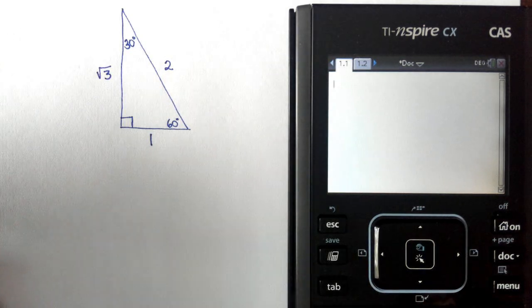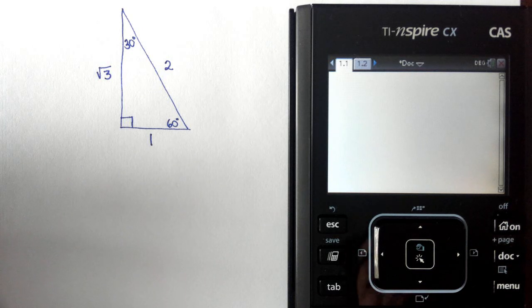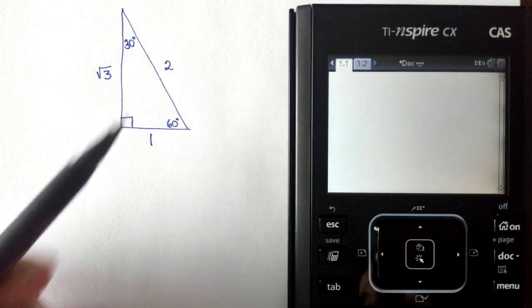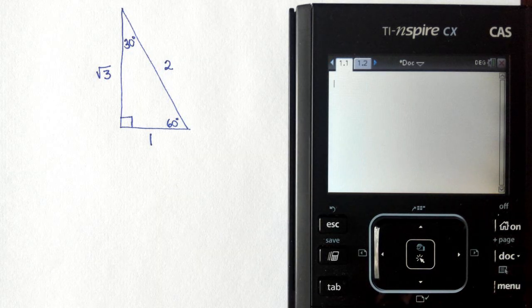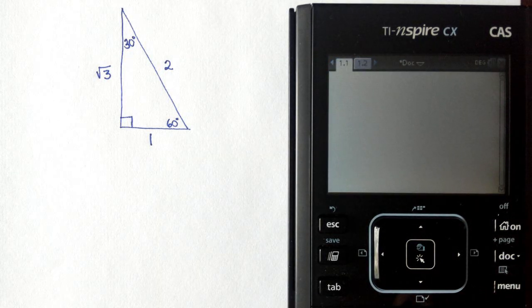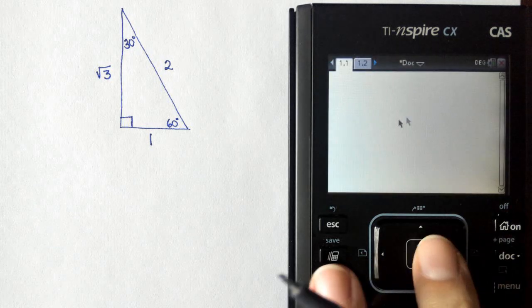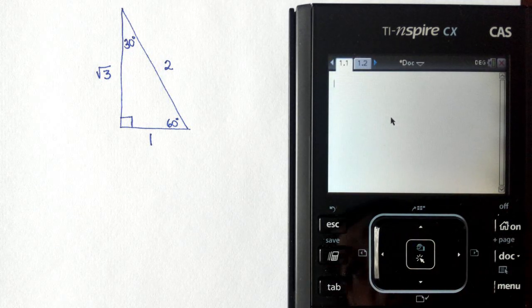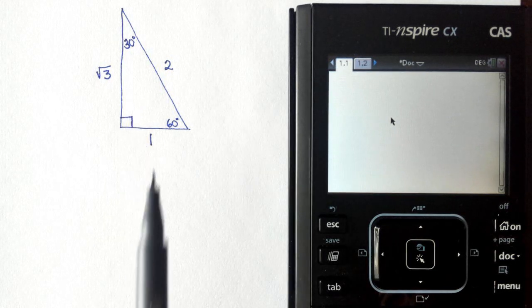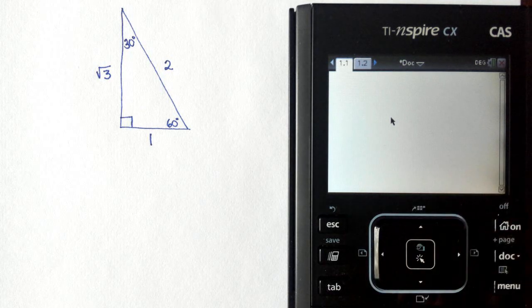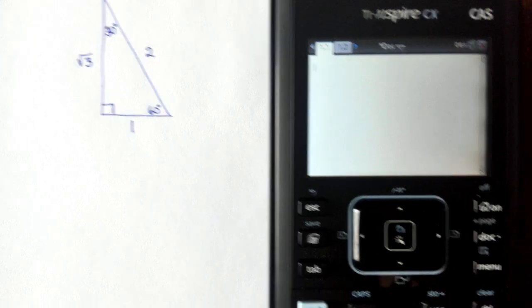Square root of 3 is about 1.732, so it's bigger than 1, smaller than 2. This triangle, I should just be able to pull out of my head at any moment and write it down on a piece of paper. Now, I'm going to do a new trick with this triangle today, because it'll go along with understanding what the magic buttons on the calculator do.